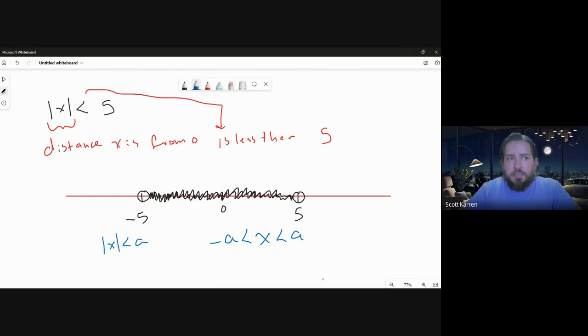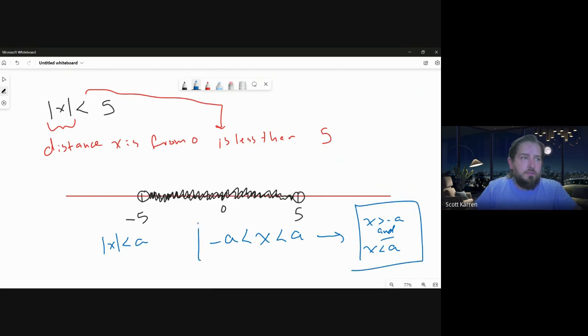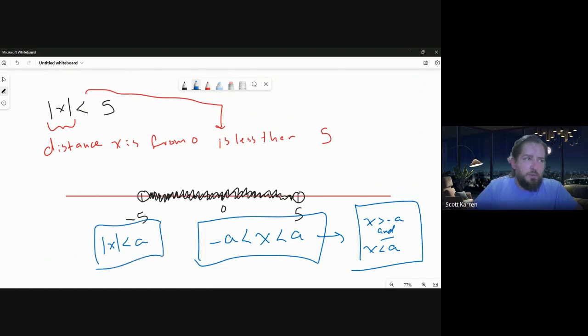Negative a less than x less than a, which is the same thing as saying x is greater than negative a and x is less than positive a. So it just, either one of these, they're all the same thing, right? These 3 expressions are equivalent. That means that, and this means that.